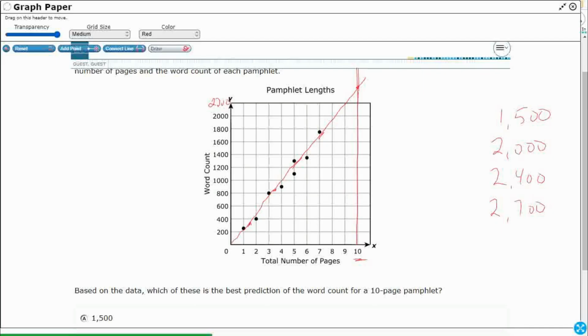So let's plot some of these points here. So they've got 1500. Remember, this is my 10 line, so that's right down there. That's not going to work. 2000 is right there. That's not going to work. Where's 2400? Well, if I go one line above, I'm going to try to make it the same distance. That's my 24. So that looks pretty close.